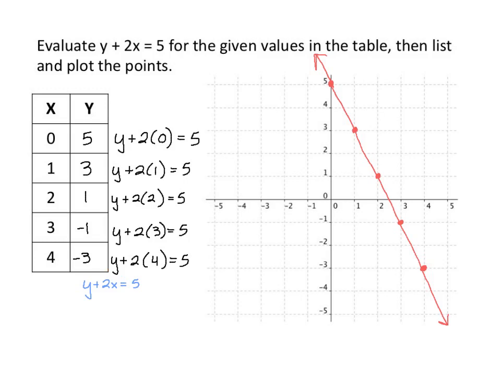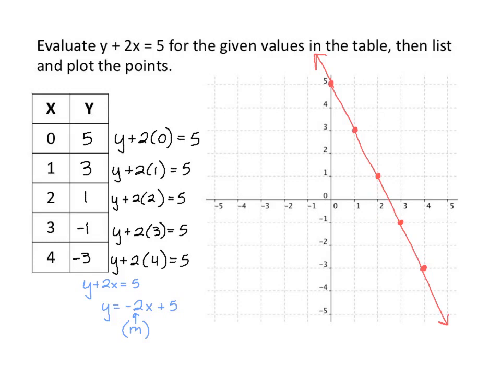However, if I subtract the 2x, this gives me y equals negative 2x plus 5. And if I examine, I notice that our m value is negative and it's also 2, which makes sense because now I see that the graph is going down and it's also going down steeper at a rate of down 2 over 1.